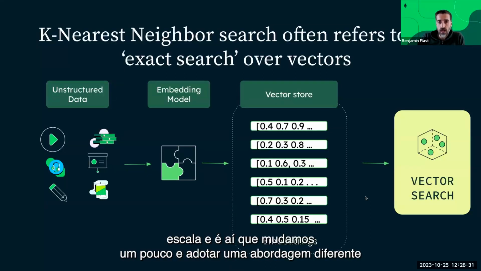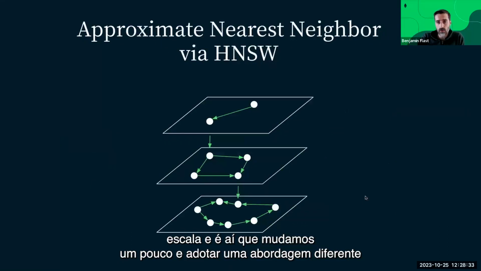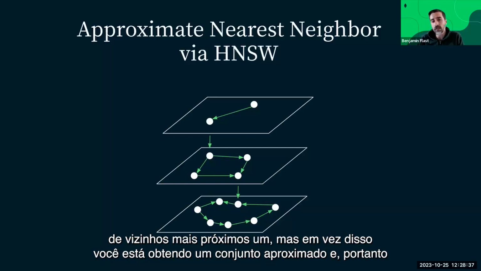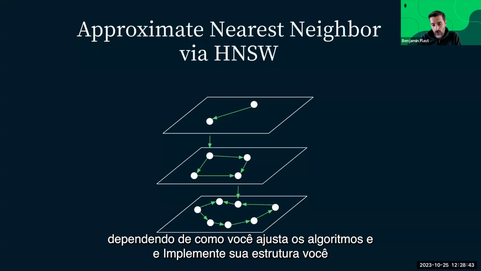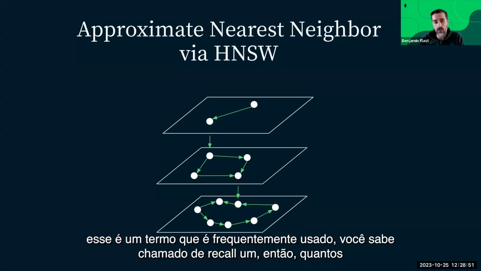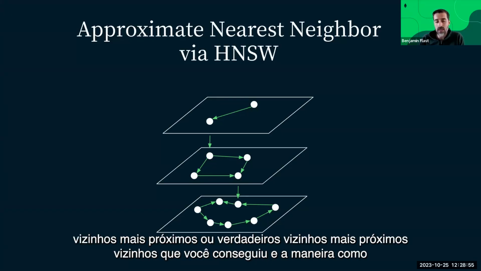And that's where we take a different approach, which is called approximate nearest neighbor. Now you're still getting a set of nearest neighbors, but instead you're getting an approximate set. Depending on how you tune algorithms and implement your structure, you may find that you get 95 or 97% of the nearest neighbors. And that's a term that is often referred to as recall. So how many true nearest neighbors did you get?